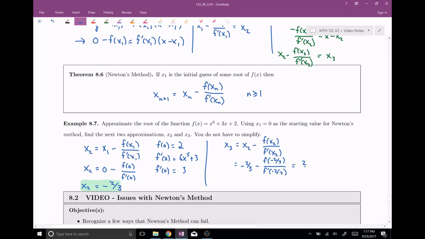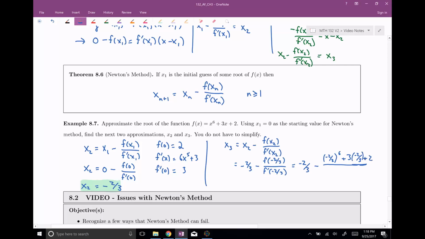So negative 2/3 minus f of negative 2/3. So let's go ahead, I'm going to put a long division bar there. So f of negative 2/3, so this is going to be negative 2/3 to the 6th, right? Plus, okay, let's see, 3 times negative 2/3 plus 2.